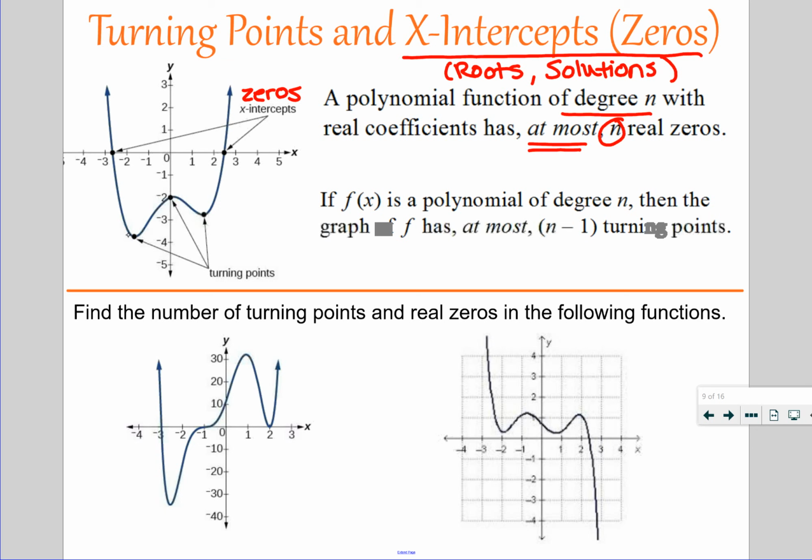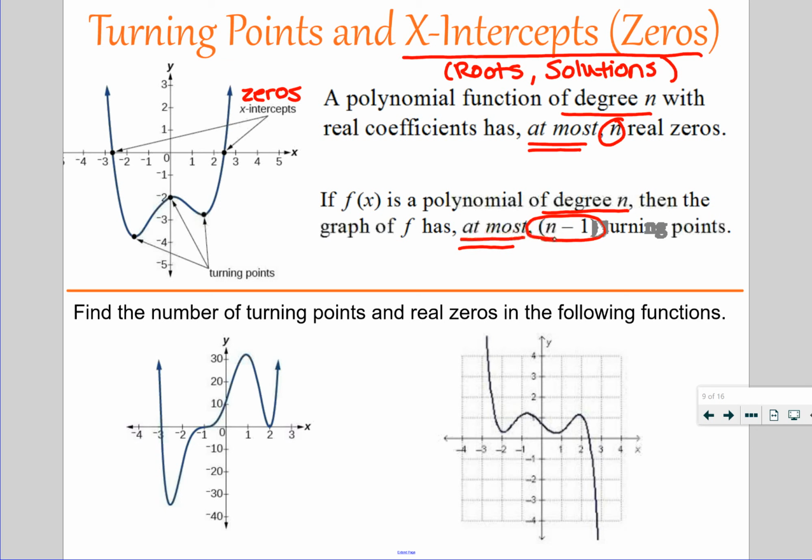A theorem that goes along with turning points is, again, if we have a degree n polynomial, that we have at most n minus 1 turning points. So that means, for example, if I have a degree 5 polynomial, I could have at most 4 turning points, or it could be less, 3 or 2 or 1 or none.